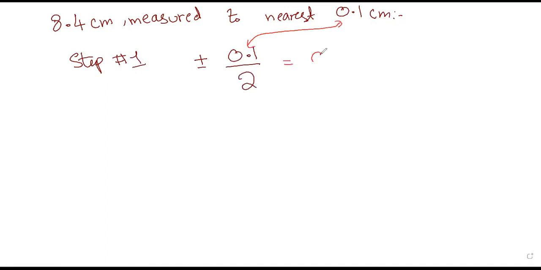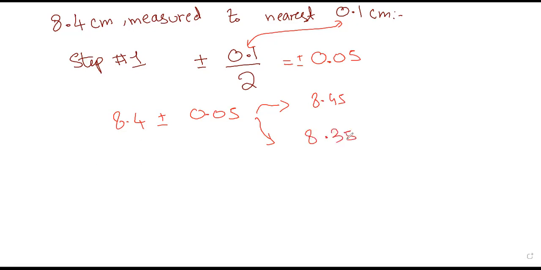This will give us plus minus 0.05. And 8.4 plus minus 0.05 is gonna give you either 8.45 or it will give you 8.35.